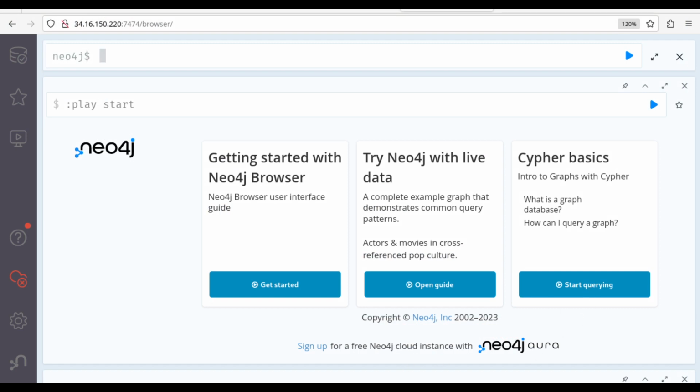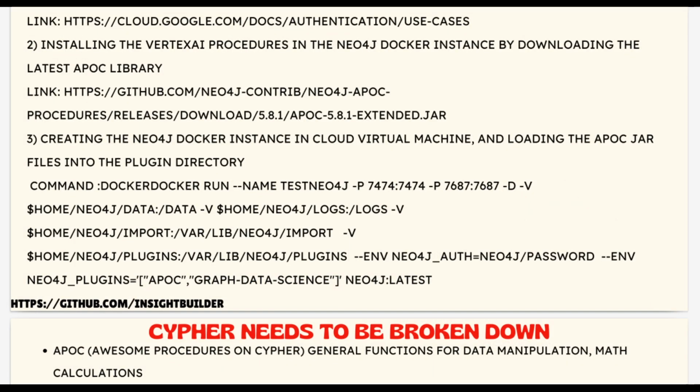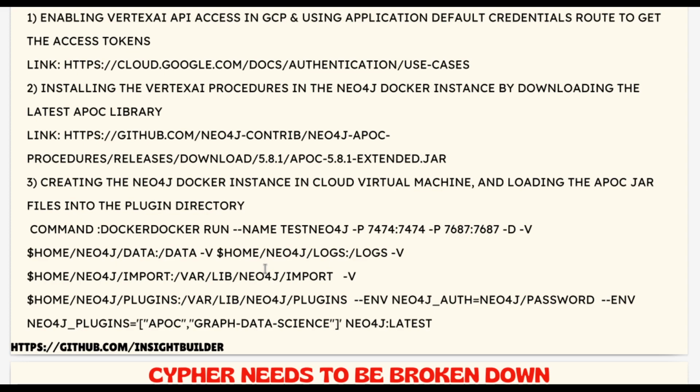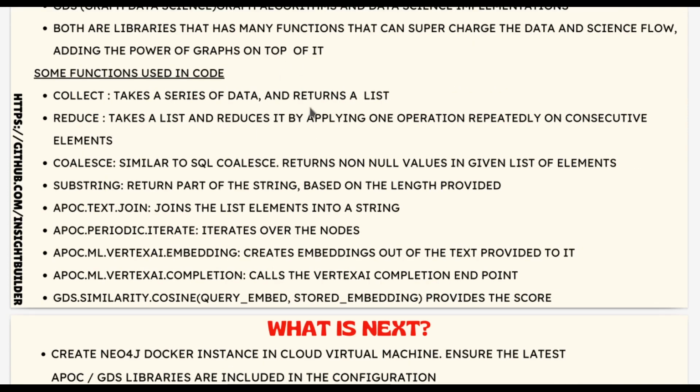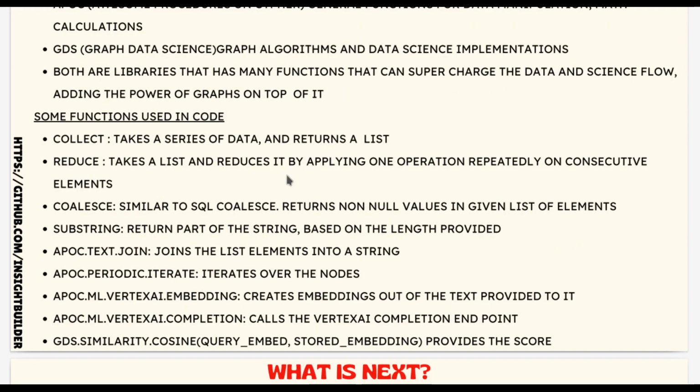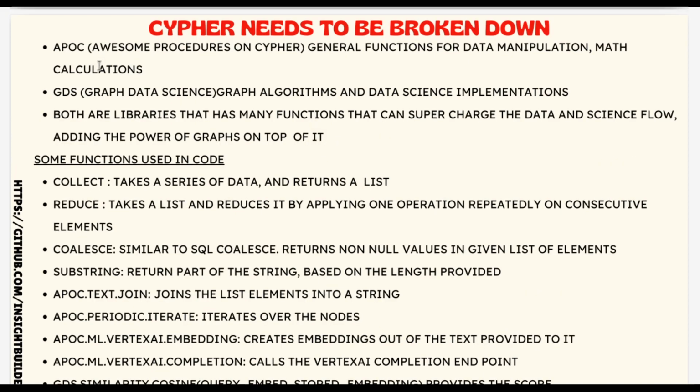Right now I have covered most of the things with respect to Neo4j: how to set it up, how to set up graph data science, how to set up APOC. All these things have been completed. I also explained a couple of important steps you need to follow with respect to understanding APOC and GDS. APOC and GDS are very deep and, I should say, complicated libraries.